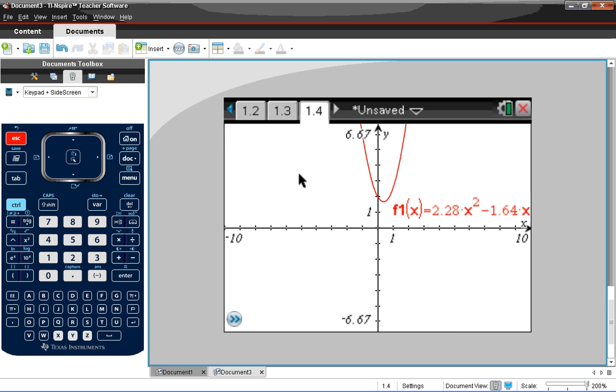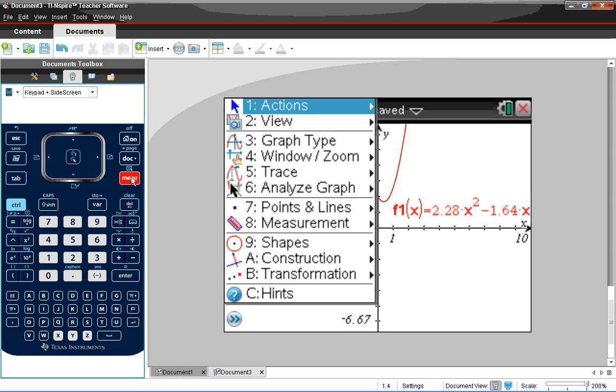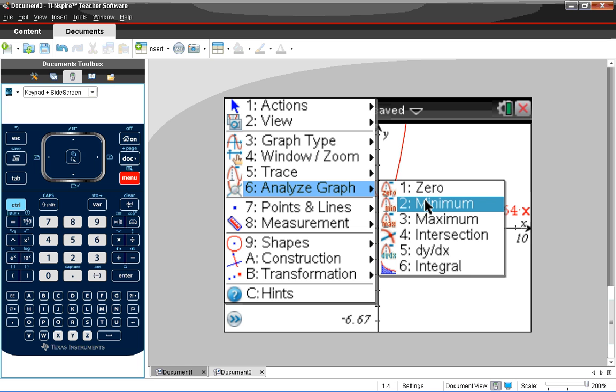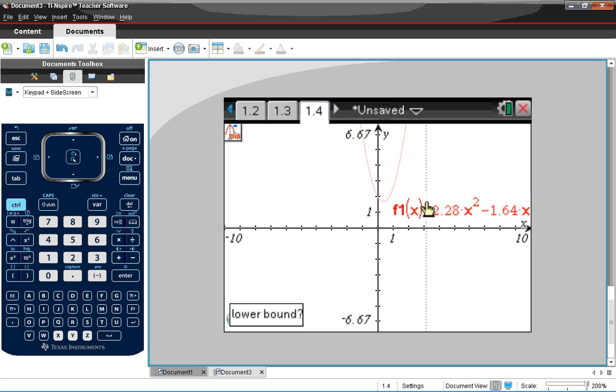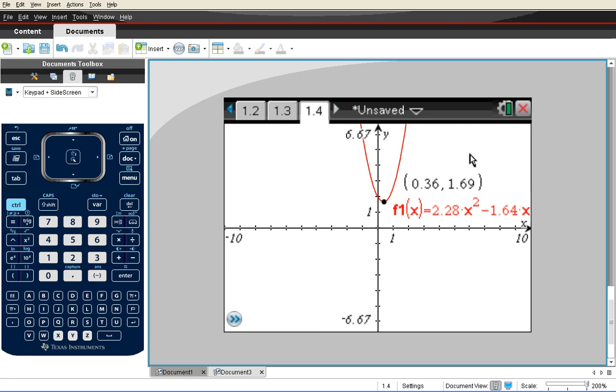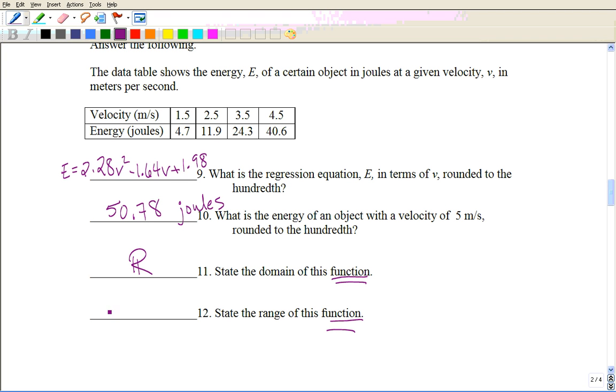Another way you could do it is by going to Menu, Analyze, Minimum, because this graph is opening up, and then click on the left and the right side of the vertex, and again you'll get the same information, 1.69. Therefore, the range is y is greater than or equal to 1.69.